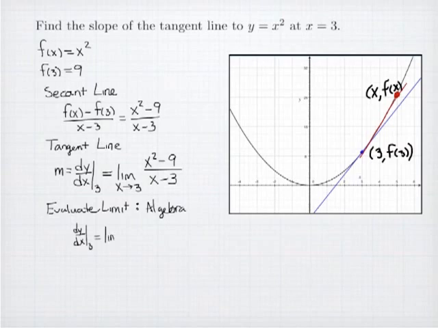So let's rewrite our limit as x goes to 3 of x squared minus 9 over x minus 3. We take a limit of our new formula where we factor it, x plus 3, x minus 3, all over x minus 3.